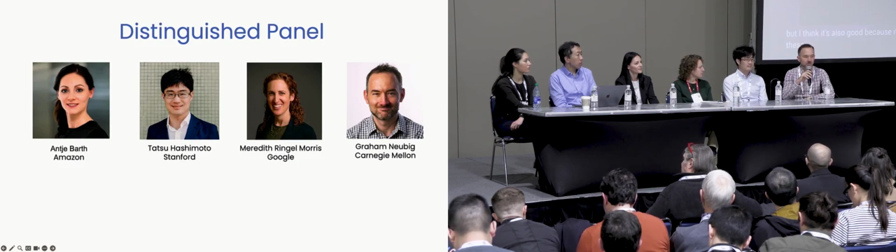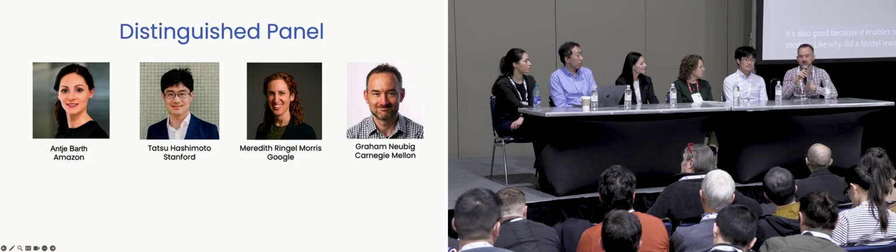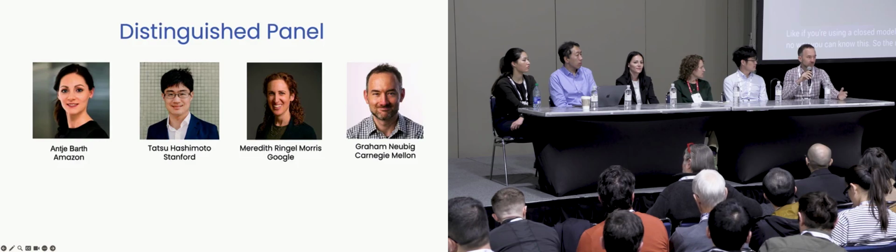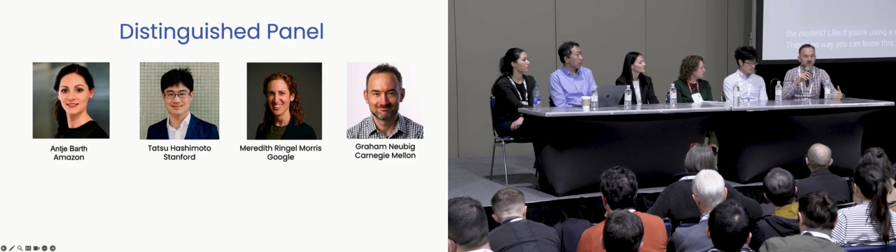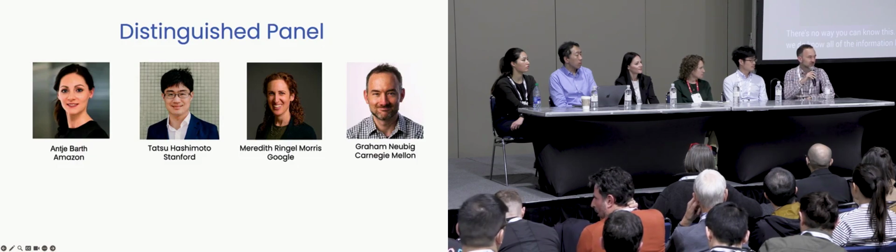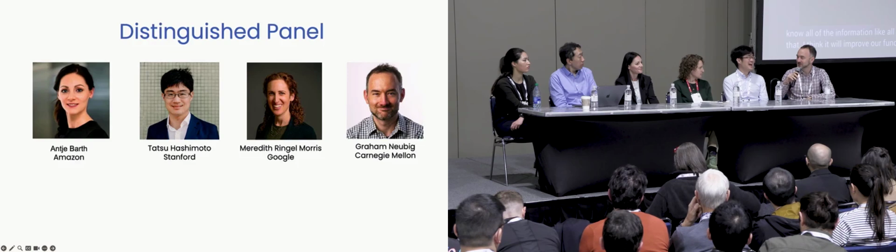Like, why did a model learn something? How much memorization is going on in the models? If you're using a closed model that doesn't have the data available, there's no way you can know this. So the more powerful models that we have, where we do know all of the information, like all of the training data, all of the other stuff like that, I think it will improve our fundamental understanding. So everybody who's working on it, keep it up. If you're not working on it, maybe you should be.